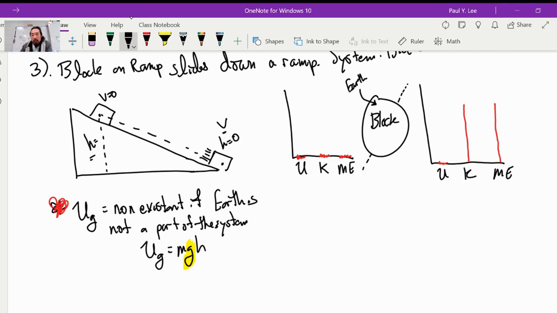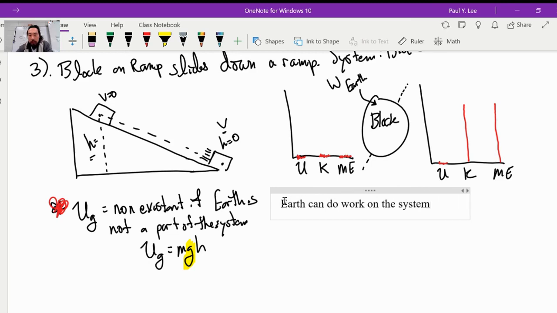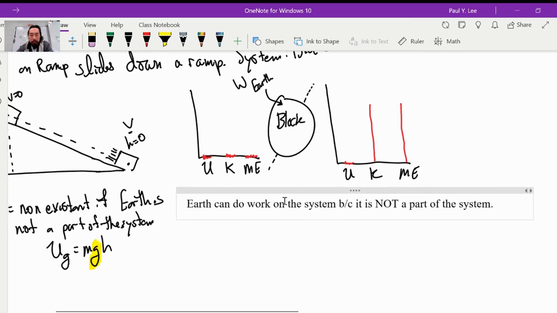Now, I need to make a huge distinction here. Okay, so by the way, work done by the Earth. If you put Earth in the system, the Earth can't do work. I'll type this out. This is that important. Earth can do work on the system because it is not a part of the system.